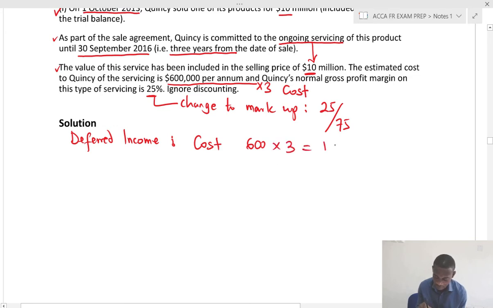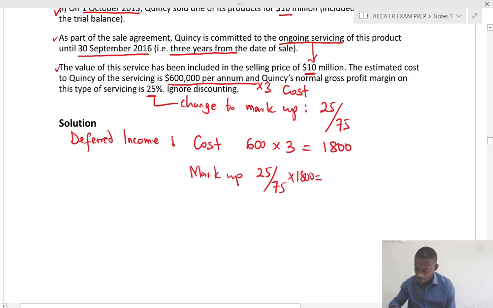That should give us 1,800. Then we add the markup. So the markup would be 25 over 75 times 1,800. Let's check that. 25 divided by 75 times 1,800. This should give us 600. Plus 1,800 will be 2,400. So we have 2,400 here.